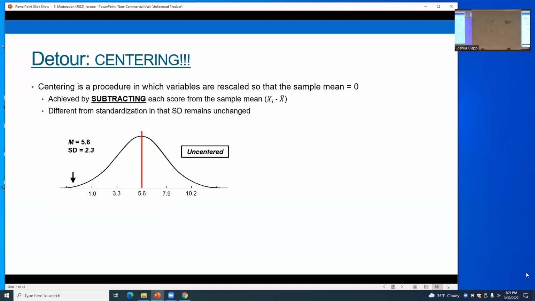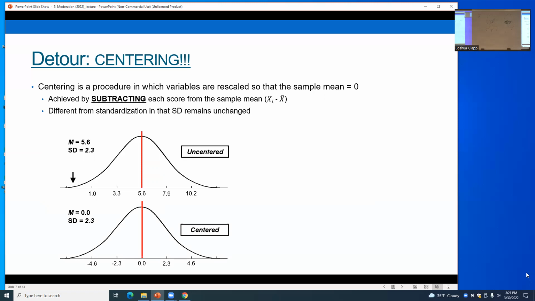If I take all values in the distribution and subtract the mean from them, this gives us our centered variable. Here, zero is here, and here's the mean of my sample. Once I center, zero is now here.